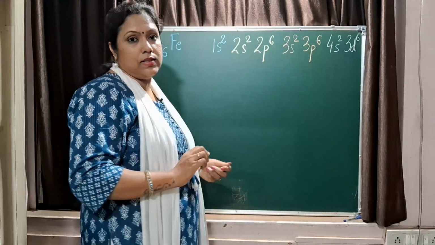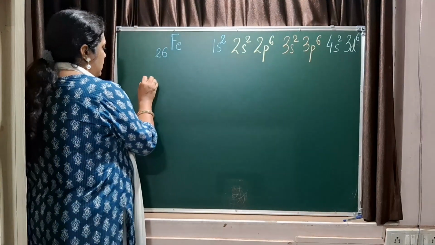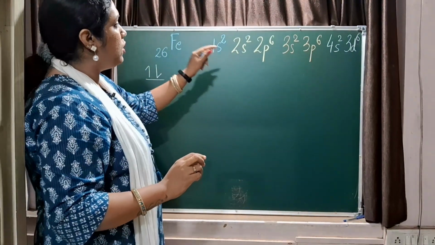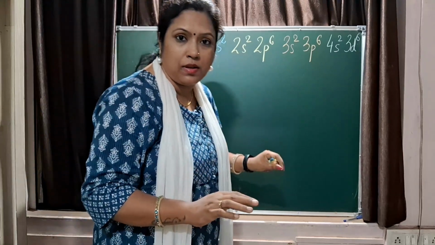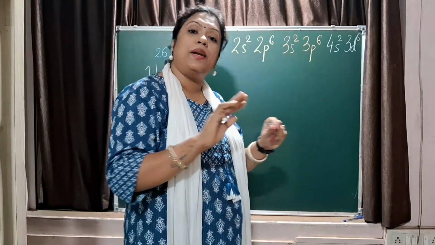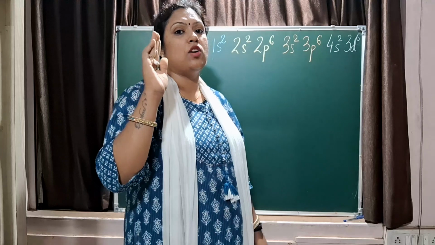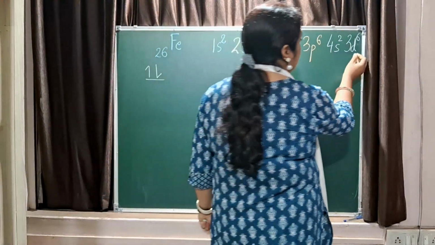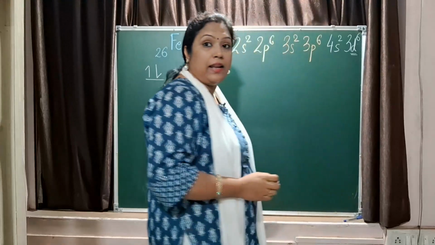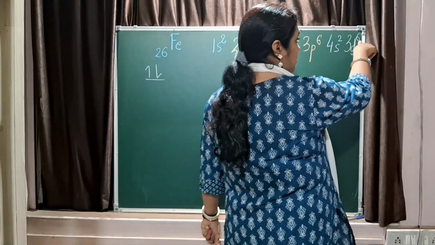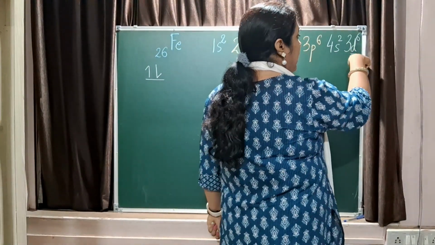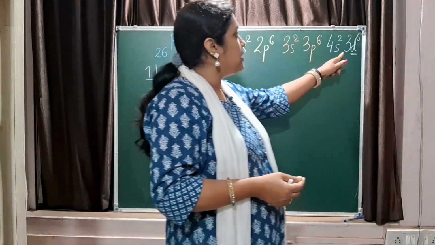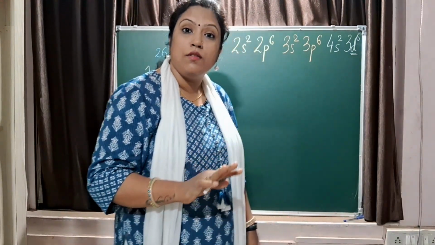Now you have to understand, as I told you, an orbital has a capacity for 2 electrons. Any orbital is stable if it is completely filled or half filled. Here you can see the capacity of d is 10 and it has 6. So it has a tendency to donate that extra 1 so that the d becomes 5.